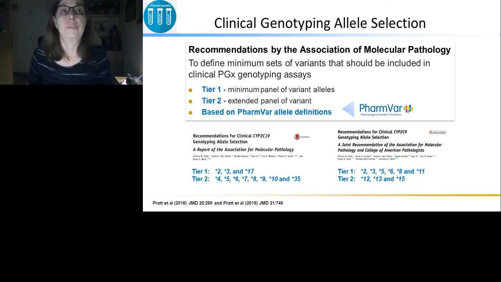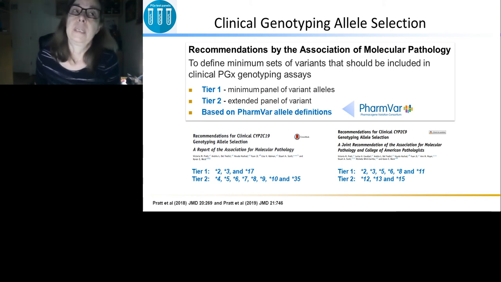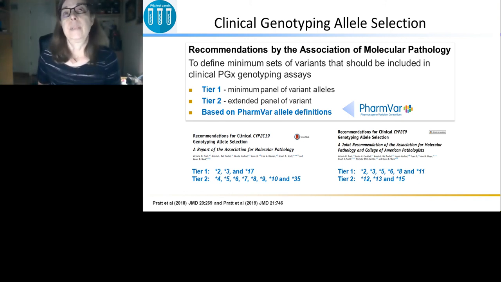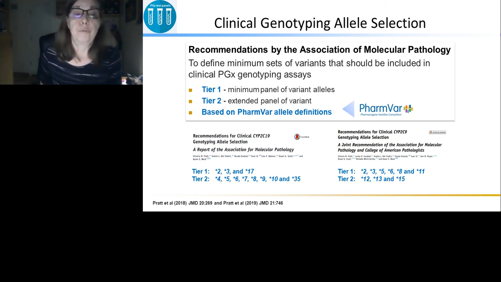Their selections for these tiers are based on how frequent these are, whether an allele occurs in just one or more populations, whether there are testing materials available, and so on. And they also use, of course, PharmVar allele definitions if they are available.